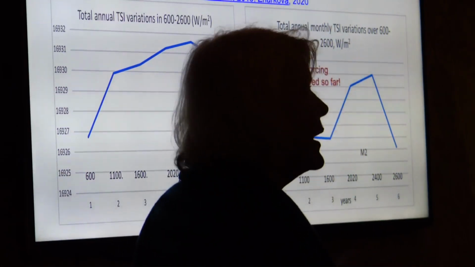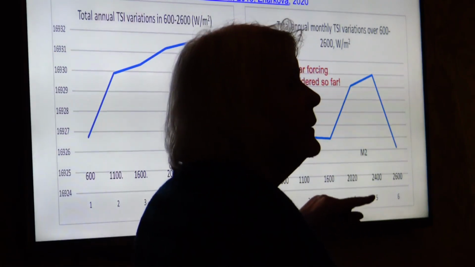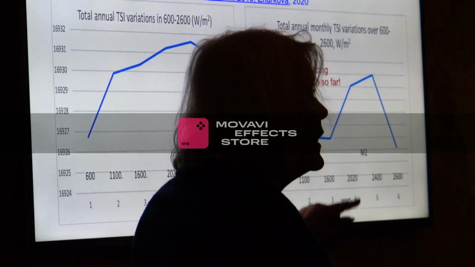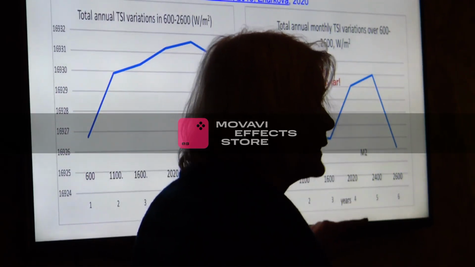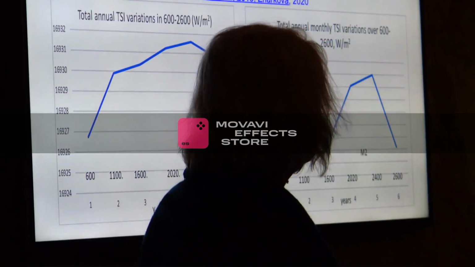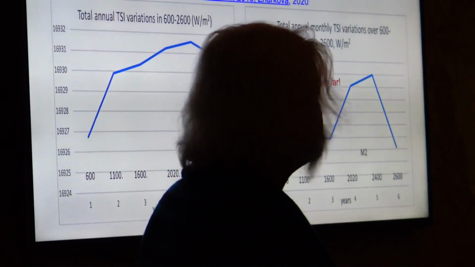And this is why I ask them, you underestimate the contribution of the sun. Your solar forcing is not fully correctly calculated. They refuse to add the solar forcing. This is the thing. They say this comes from greenhouse gases.